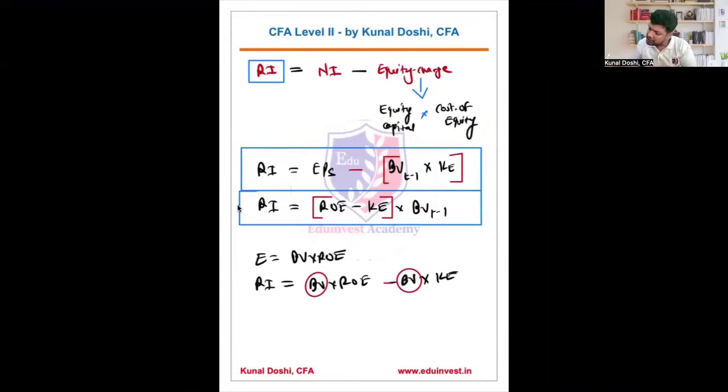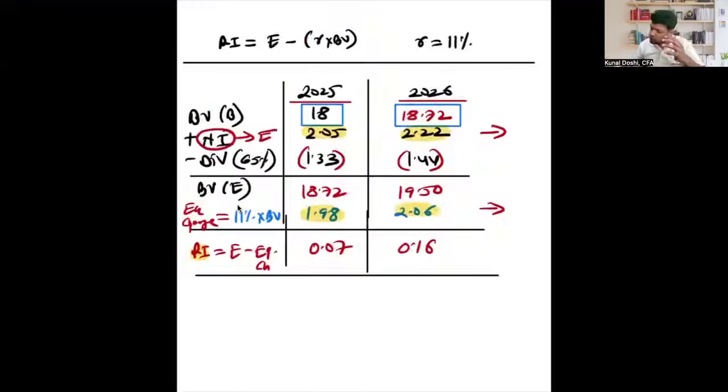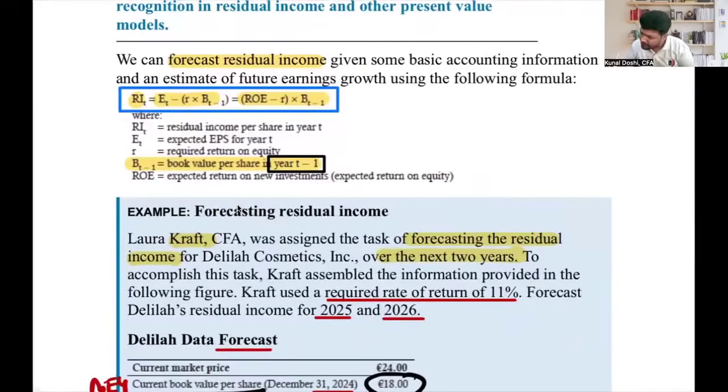Clear, everyone. So these two formulas of residual income are like FCFF and FCFE. Again, remember, these are economic profits, right? So throughout the syllabus, you will see the formulas either use earnings minus the equity charge, or the difference between ROE minus R times the book value.